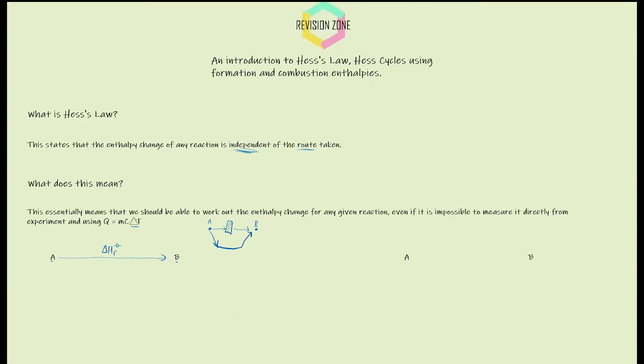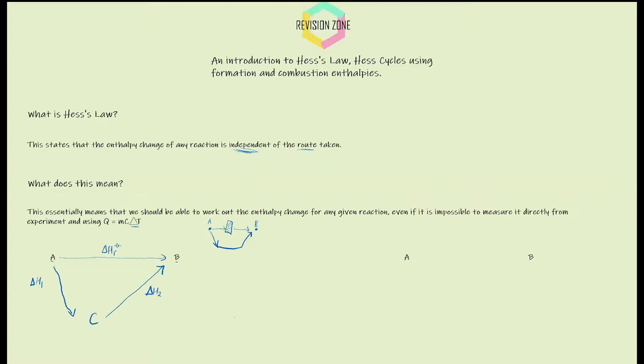So what I'm trying to illustrate in this little diagram is, let's say I couldn't get from A to B, but I could get from A to C quite safely, or I could measure the temperature change for that reaction. And I could also go from C to B. For simplicity, we're going to label these enthalpy changes as delta H1 and delta H2.